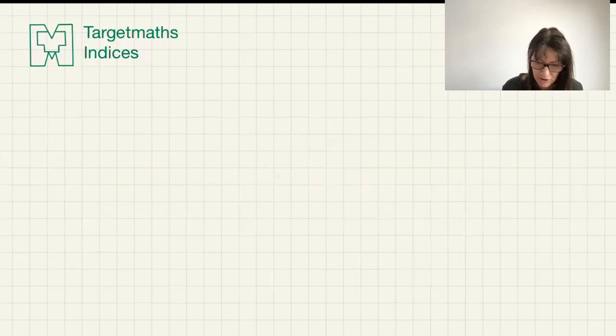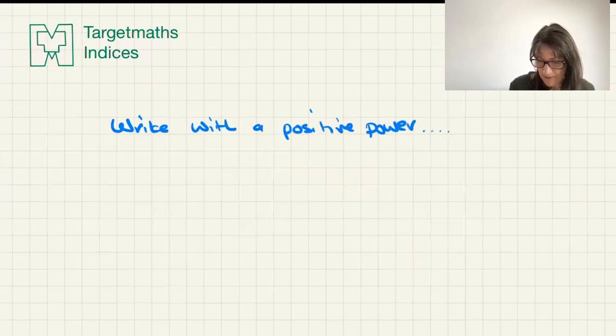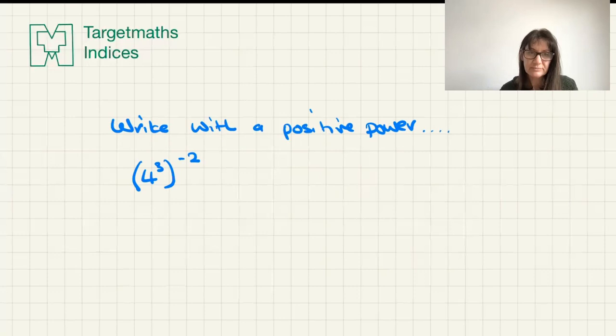Right. I could give you a question that's worded like this. Write with a positive power, and give you the question 4 to the 3 to the -2. And that's just combining 2.